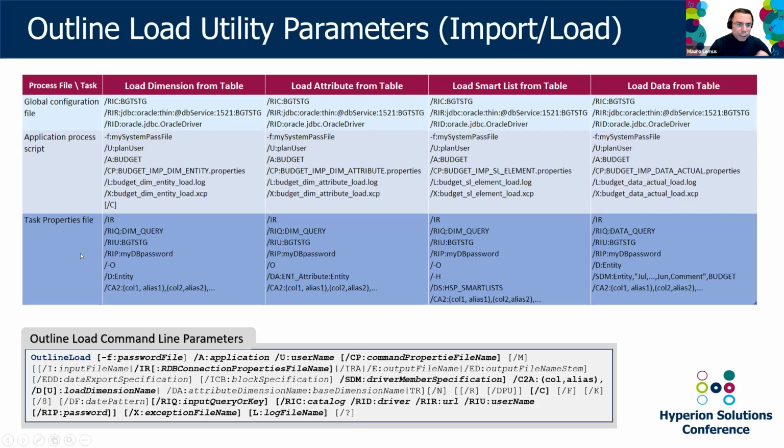Also, for each particular task, like load a particular dimension, load a particular data set, you will use some parameters that point exactly to the data source. In this case, for example, we are saying we have this query. We are pointing to this particular schema if we are talking about Oracle with this particular password. We are going to load this particular dimension and this mapping.